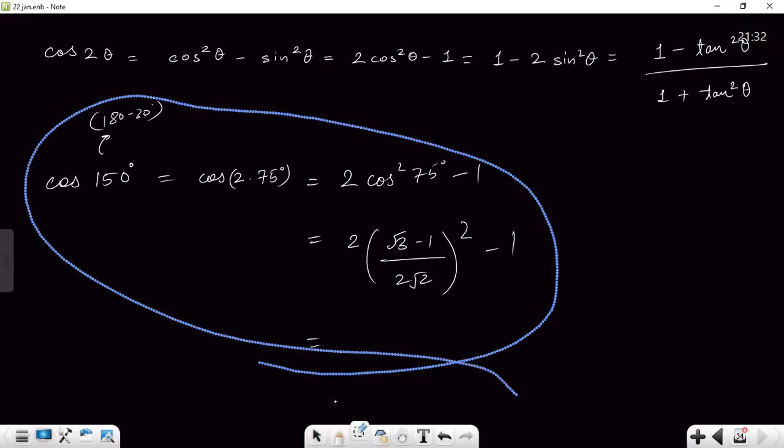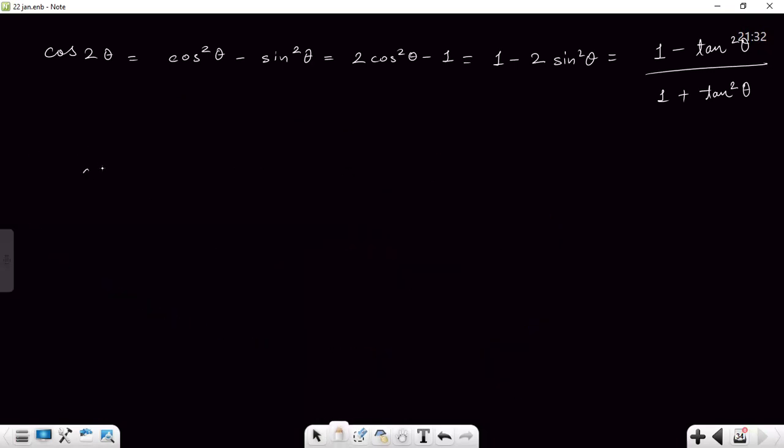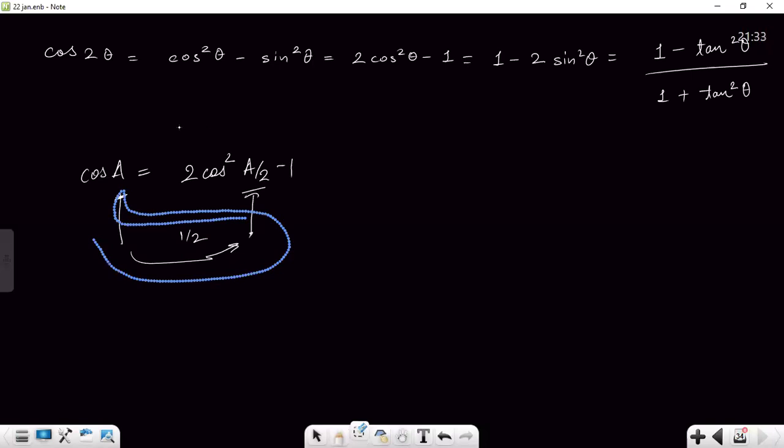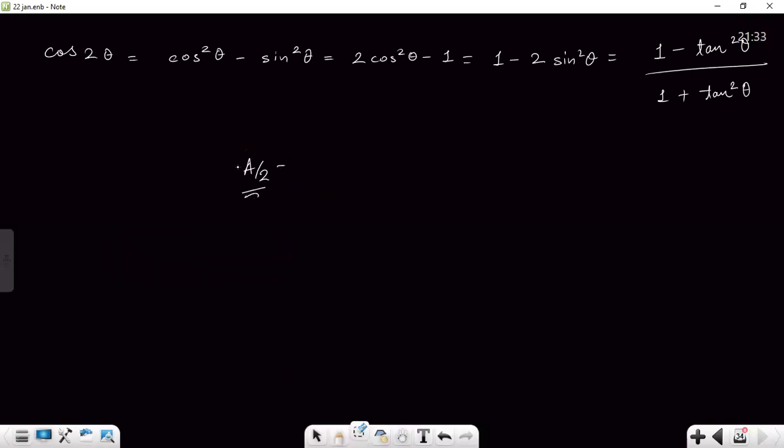And if cos A is given, then you may also write it as 2 cos square of A by 2 minus 1. See, it does not have to be a multiple of 2. It is just that the angle inside should be half of the angle that is there. There should be a half relationship. So there are some modifications made to this formula, and we may use them.